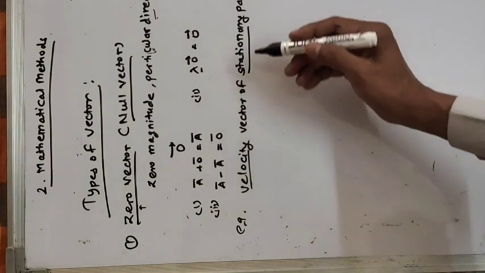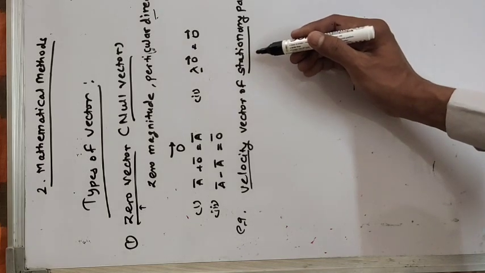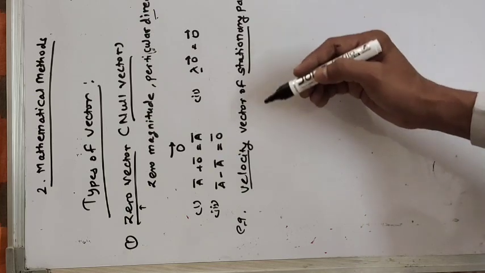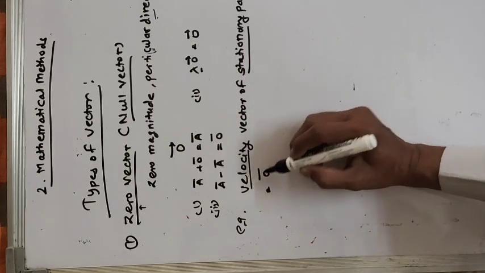If the particle is stationary, there is no displacement from the initial position, that is, the distance travelled is 0. Zero divided by the given time is the zero vector.